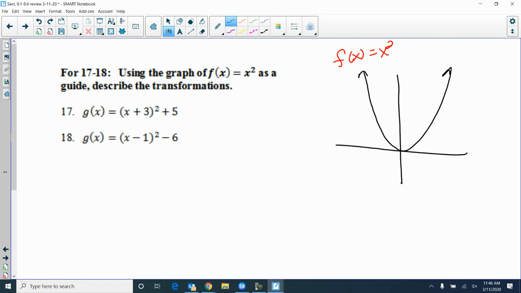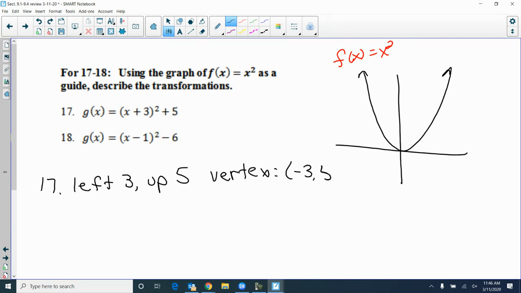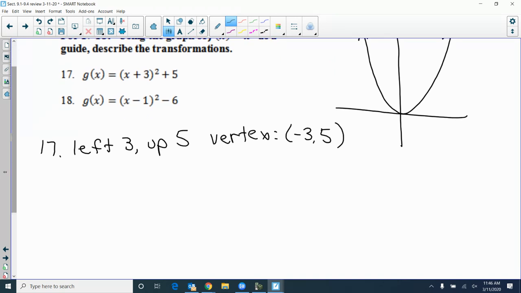What do you got there? Would 17 be right 3 and up 5? Not right 3. Left 3. It's always the opposite. So it's left 3 and it's up 5. Vertex would be -3, 5.